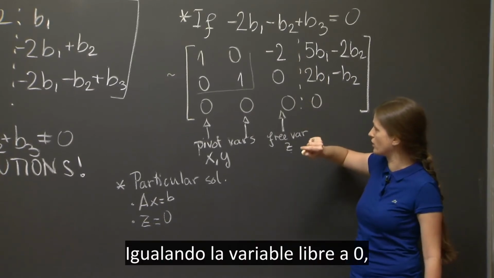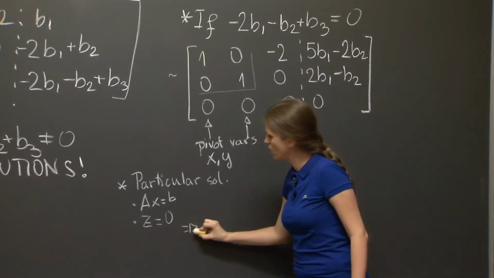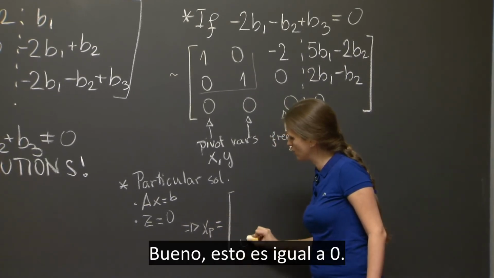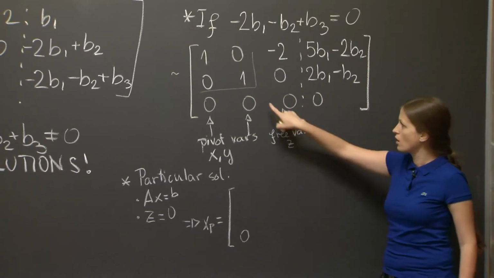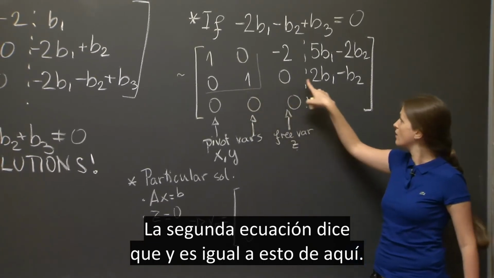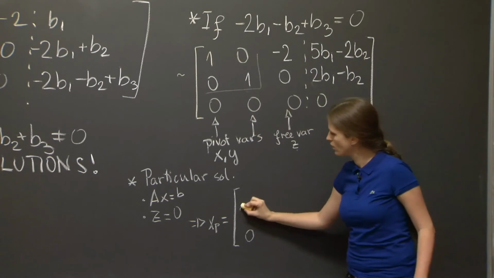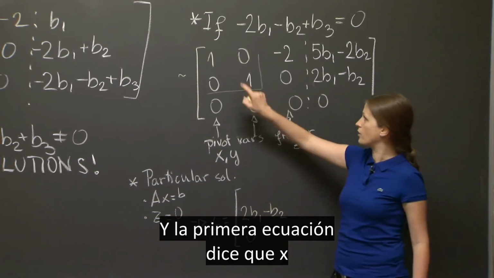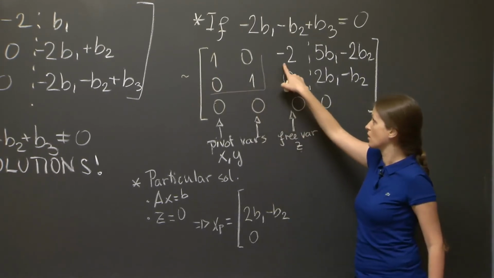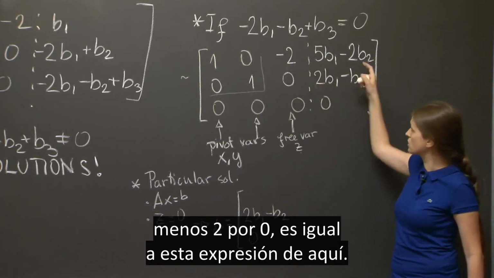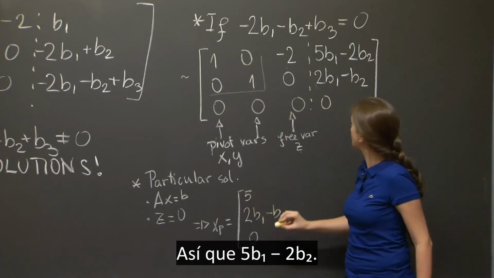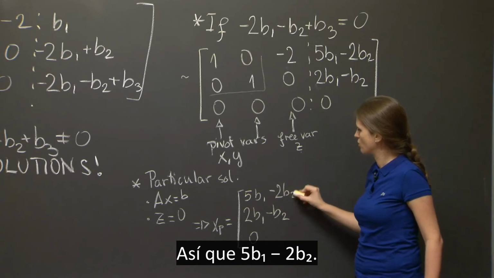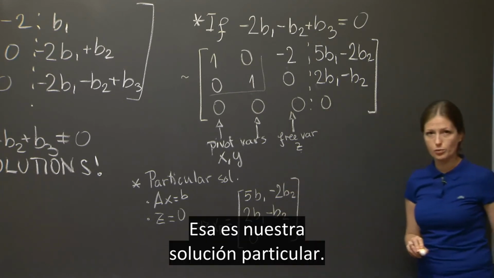Setting the free variable z equal to 0, the second equation says y equals 2b1 minus b2. And the first equation says x minus 2 times 0 equals this expression here, so x equals 5b1 minus 2b2. That's our particular solution.